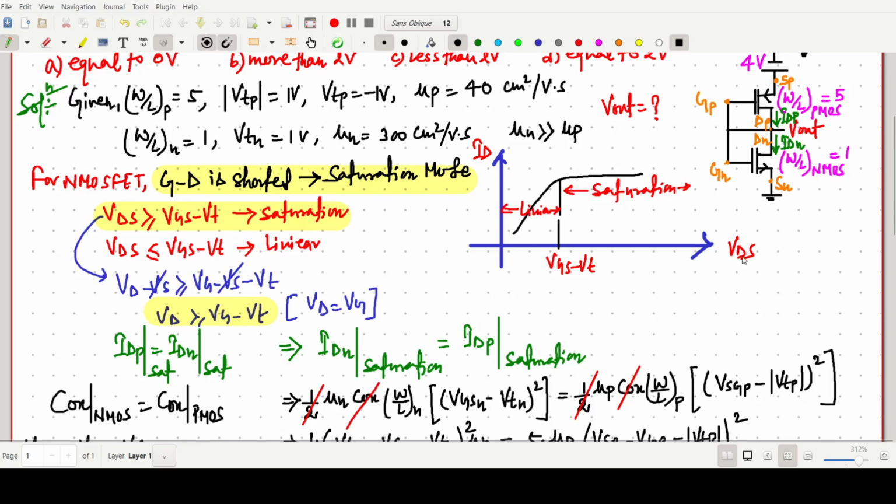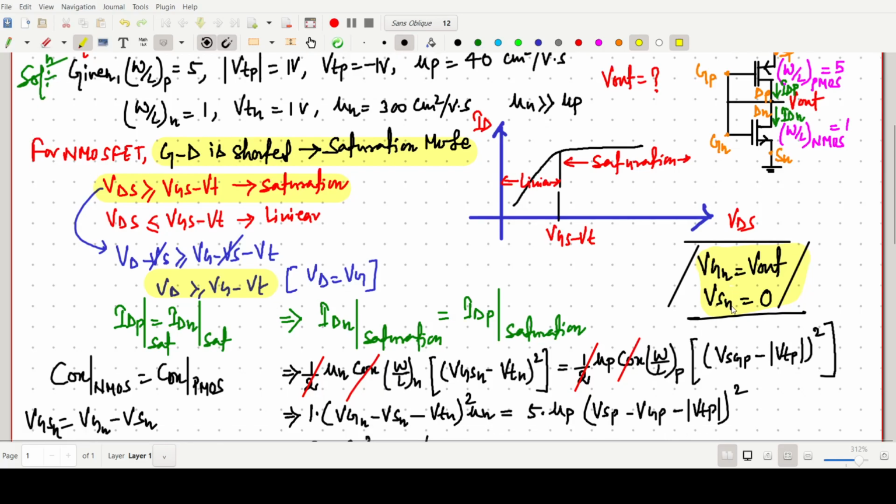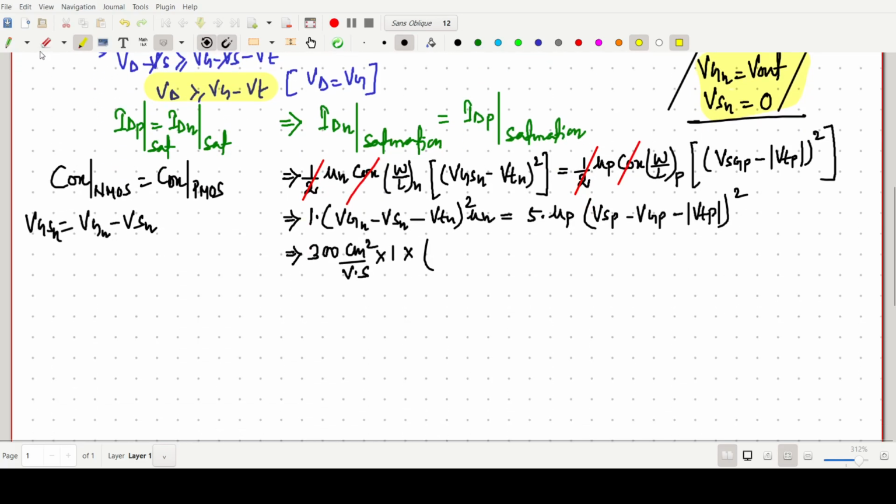In this case, we can say the VGN value is the same as that of V output, and VSN equals 0 because it is connected to ground. Okay, so this one is very important because we have to use this value. So directly I am writing it, I'm taking blue color.